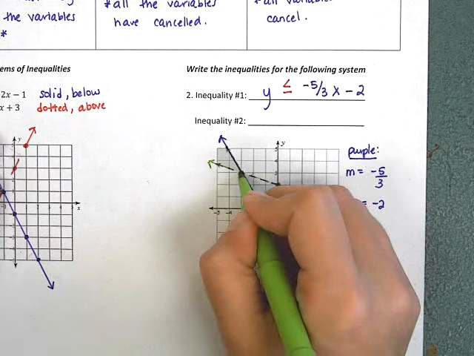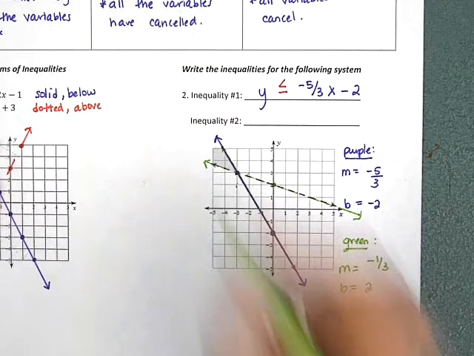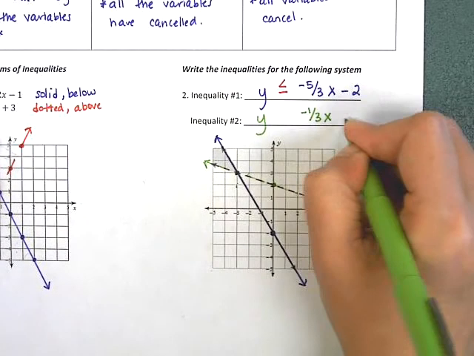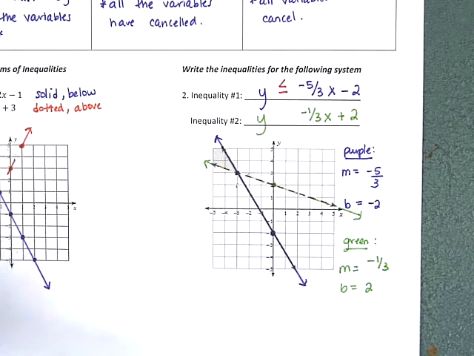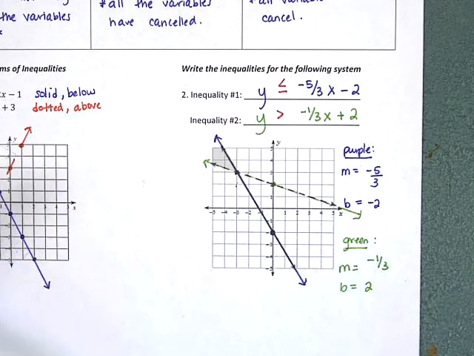For the slope I would do down 1, right 3, so -1/3. So I would write y and then a space, -1/3 x plus 2. Now my shaded part is above that line and it's dotted, so I'm not going to put an equal to symbol.